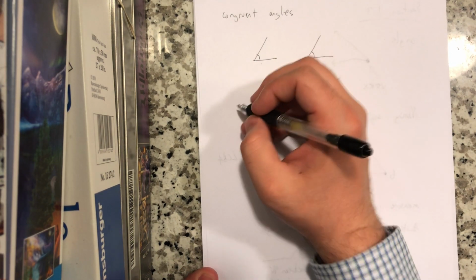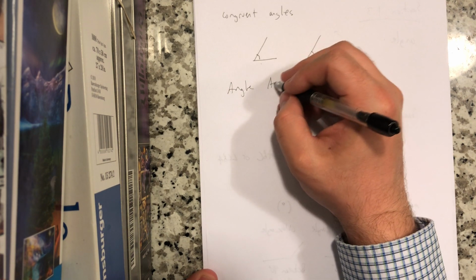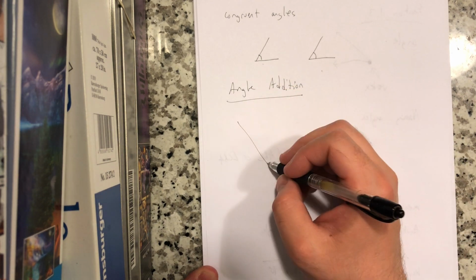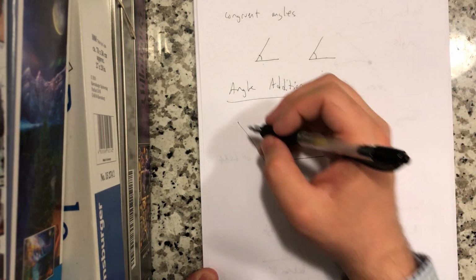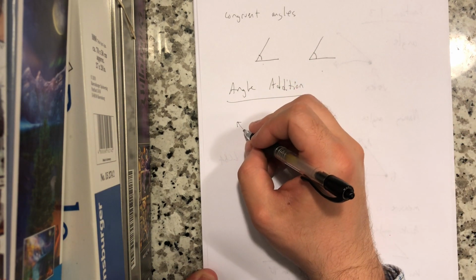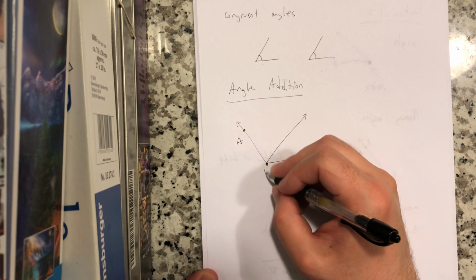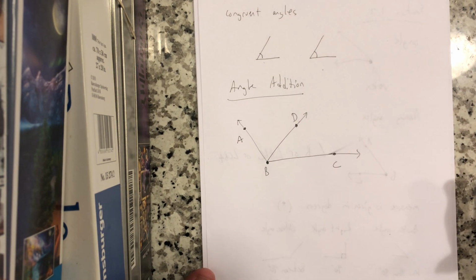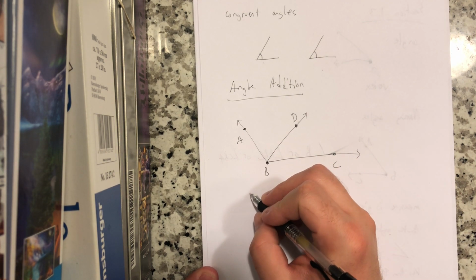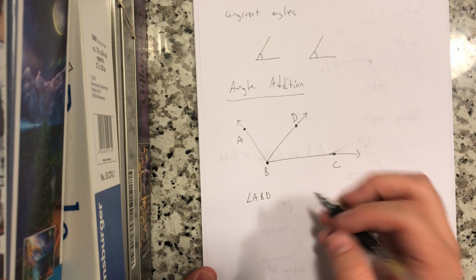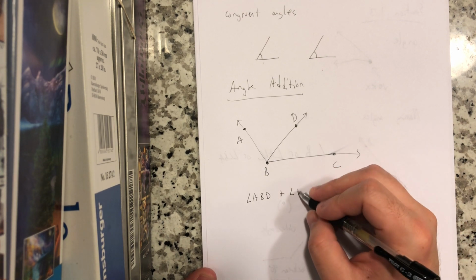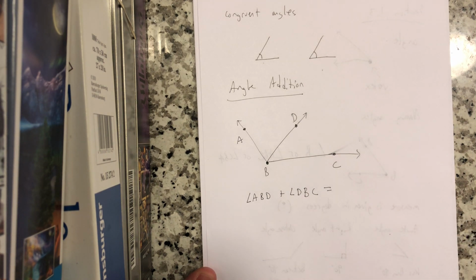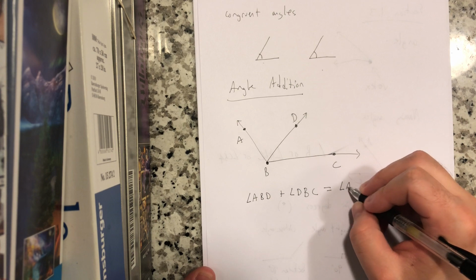Also similar to segments, we have the angle addition postulate. Basically, if you've got a big angle made up of two smaller angles, let's say this is point A, this is point B, this is point C, and this over here is point D. We can say that angle ABD plus angle DBC equals angle ABC.